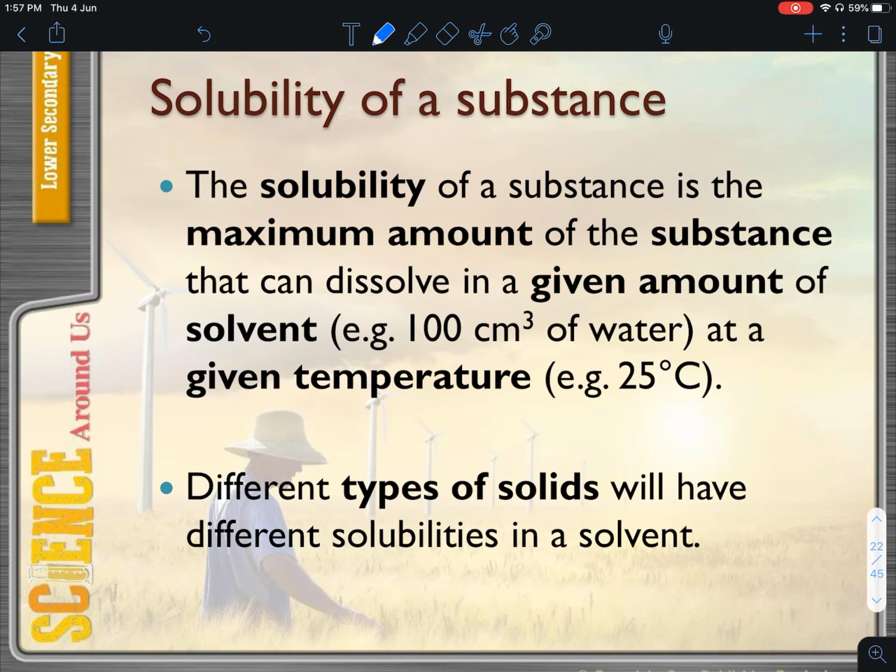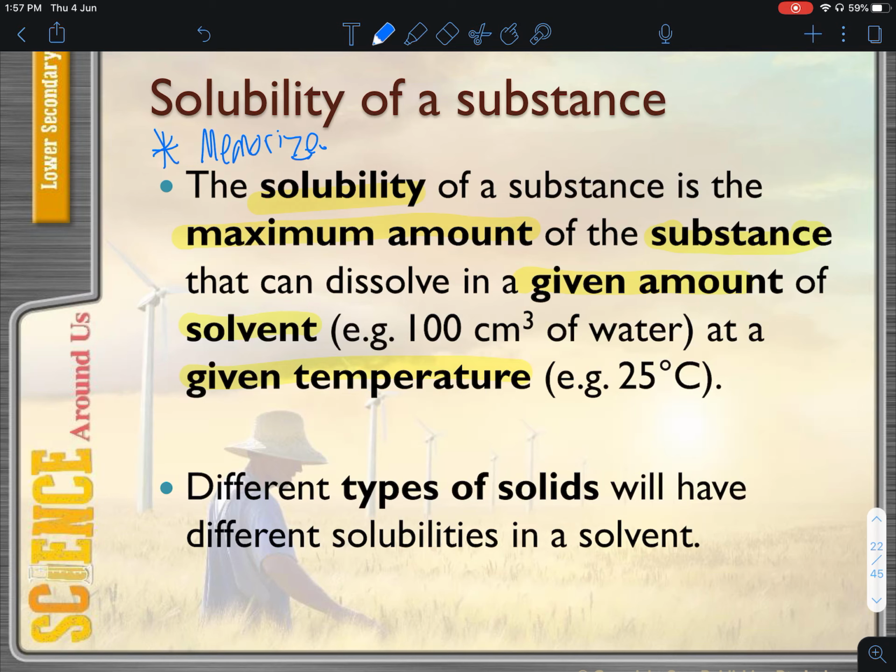So what is meant by solubility? This is a very important definition which you all have to memorize for the exam. Solubility is the maximum amount of the substance that can dissolve in a given amount of solvent at a temperature.